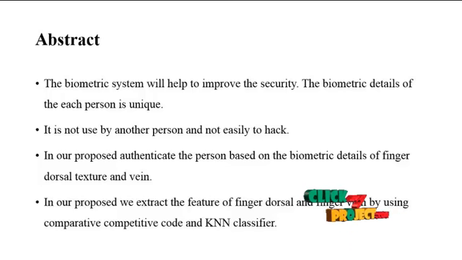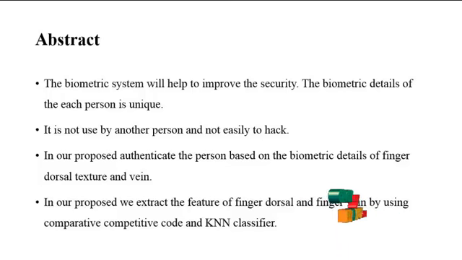In our proposed method, we authenticate the person based on the biometric details of finger dorsal structure and vein. The finger dorsal structure is unique to every person. The finger vein also differs in every person. In our process, we extract the features of finger dorsal and finger vein by using comparative competitive code and an ANFIS classifier.